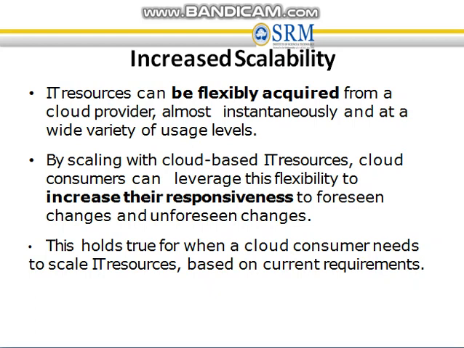That is, IT resources can be flexibly acquired from a cloud provider at a wide variety of usage levels. A cloud consumer can leverage this flexibility to increase their responsiveness to foreseen and unforeseen changes. This holds true when a cloud consumer needs to scale IT resources based on current requirements.